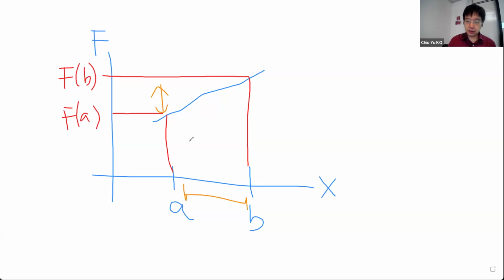This is B minus A, and is there any way to estimate this easily? We can use linear approximation.